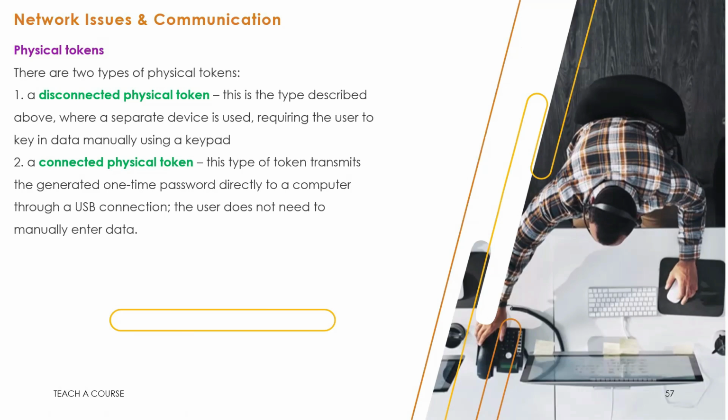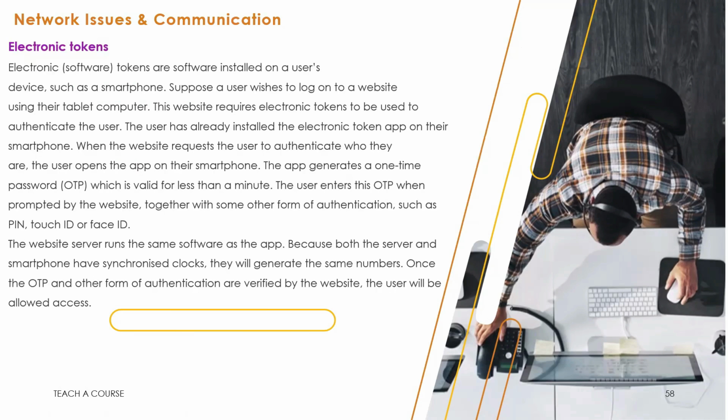Then we have a connected physical token. This type of token transmits the generated one-time password directly to a computer through a USB connection. The user does not need to manually enter data. So a connected one is where the user does not need to manually enter the data. It is transmitted automatically, okay? Then a disconnected one is where you have to enter the data manually, right?